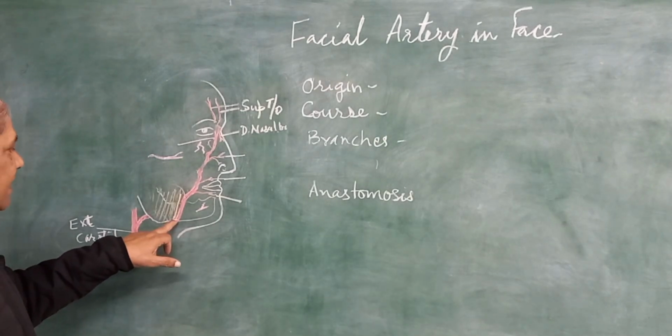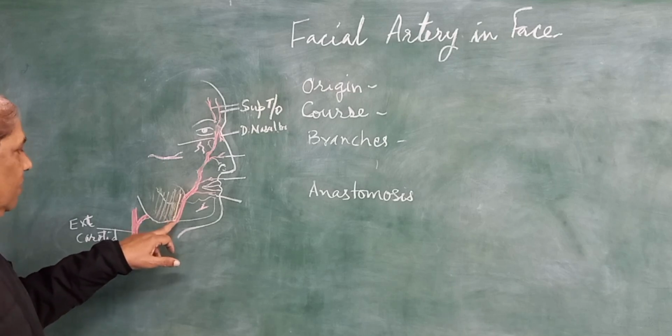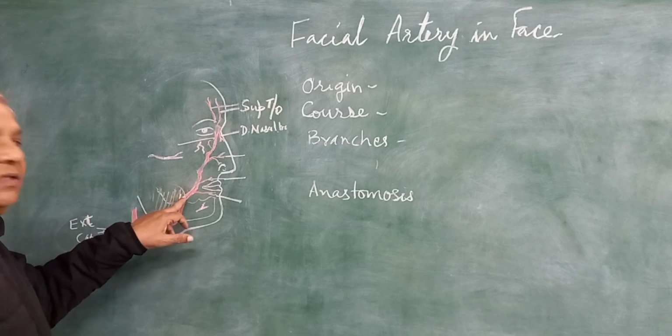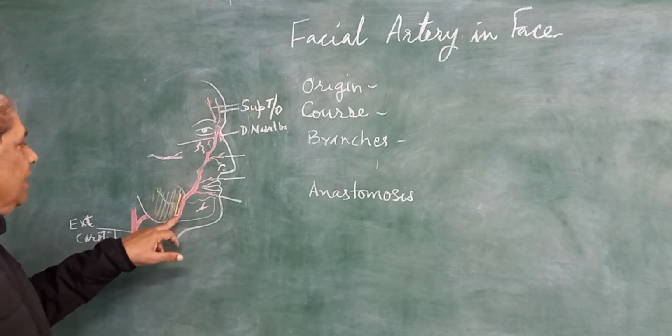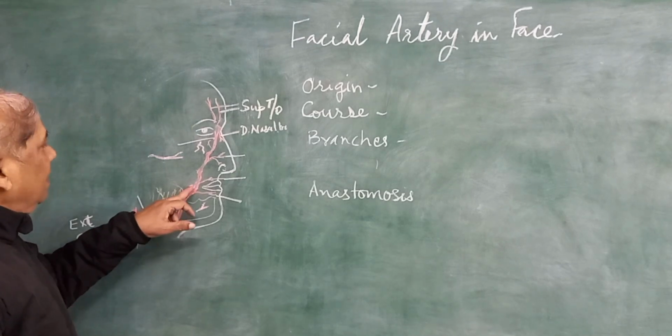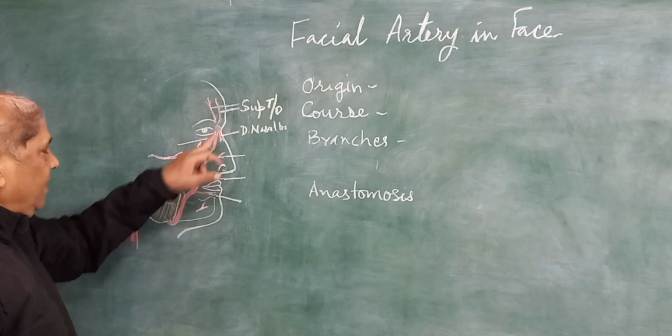Now, as this artery lies at the lower border of the face, from where we will trace its course, it runs in the superficial fascia a large course, upwards and forwards.